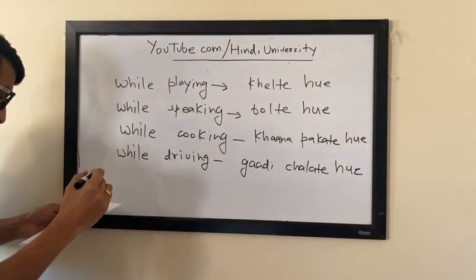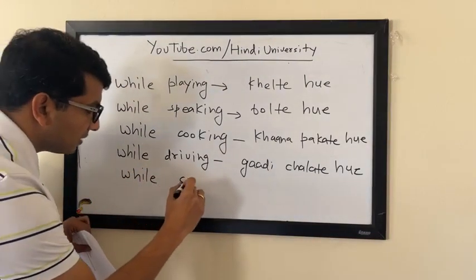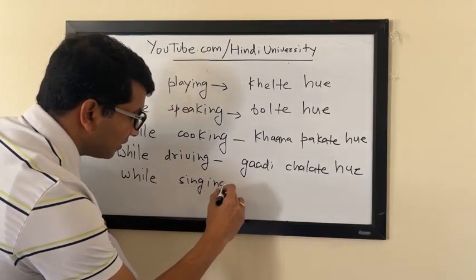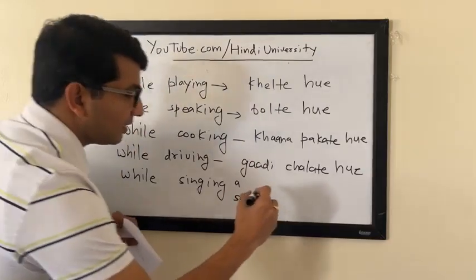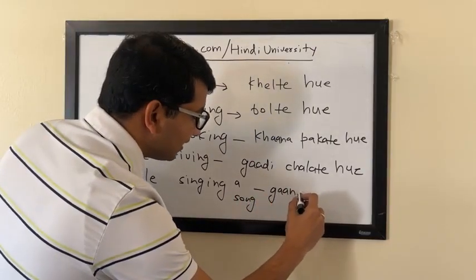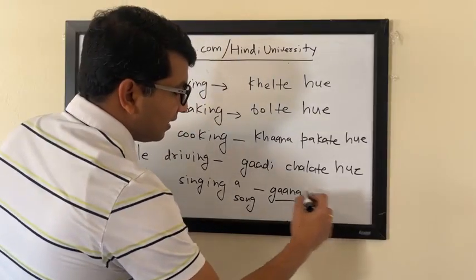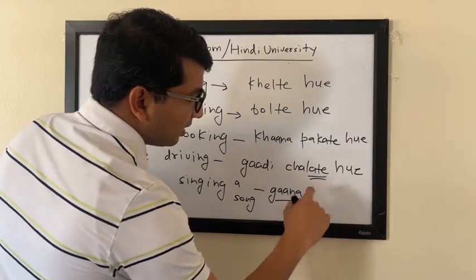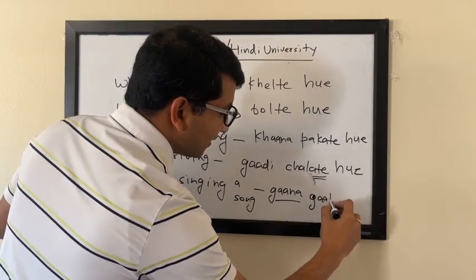Let's say while singing, Anjali ji. While singing a song, let's say. Gana, very good. Gana is a song, it's also a verb. गाते. Very good. Gana गाते हुए.